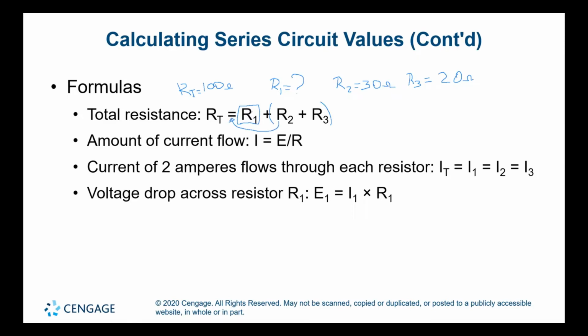And now you can see why, when we started this course, I was getting you into all this simple math and transposing and small equations. It's because we have to use them a lot in this course, okay? So in this instance, R1 is equal to RT minus R2 minus R3.